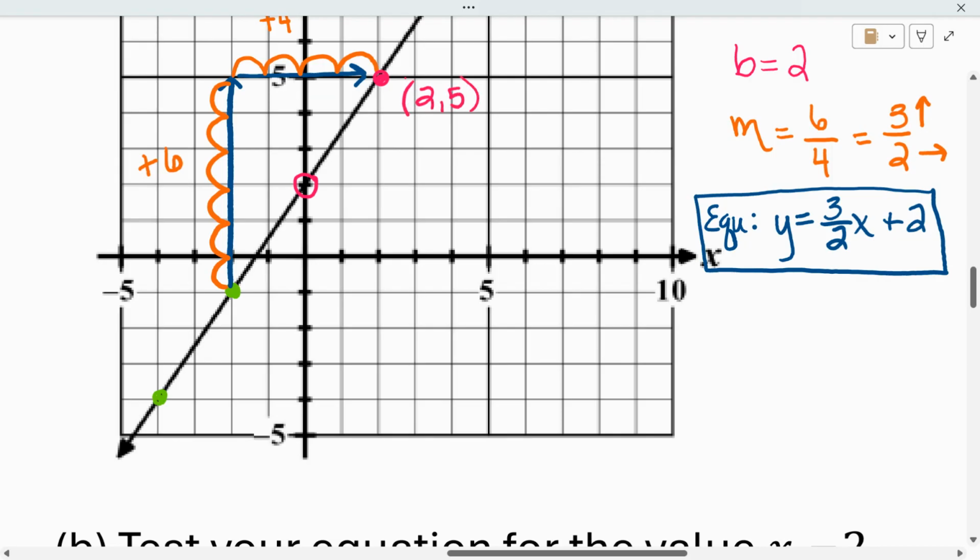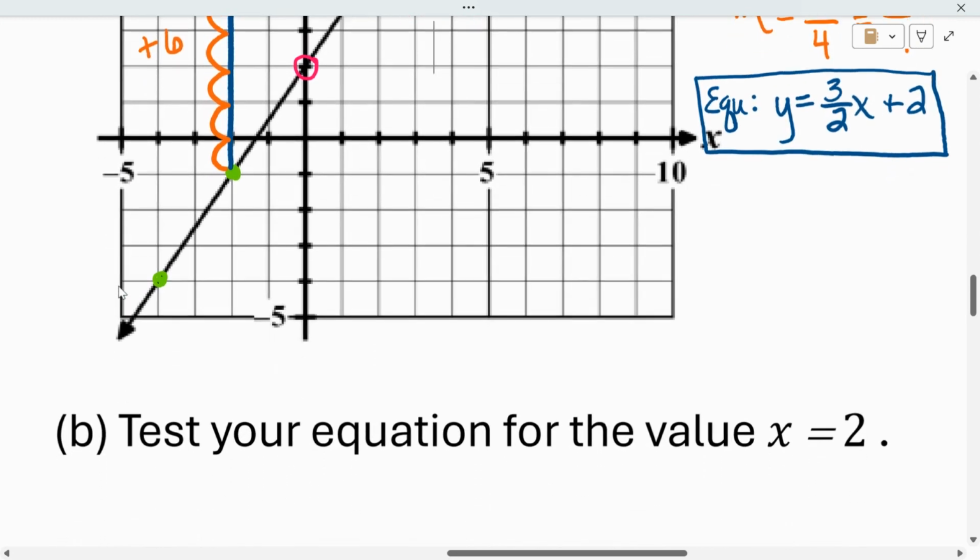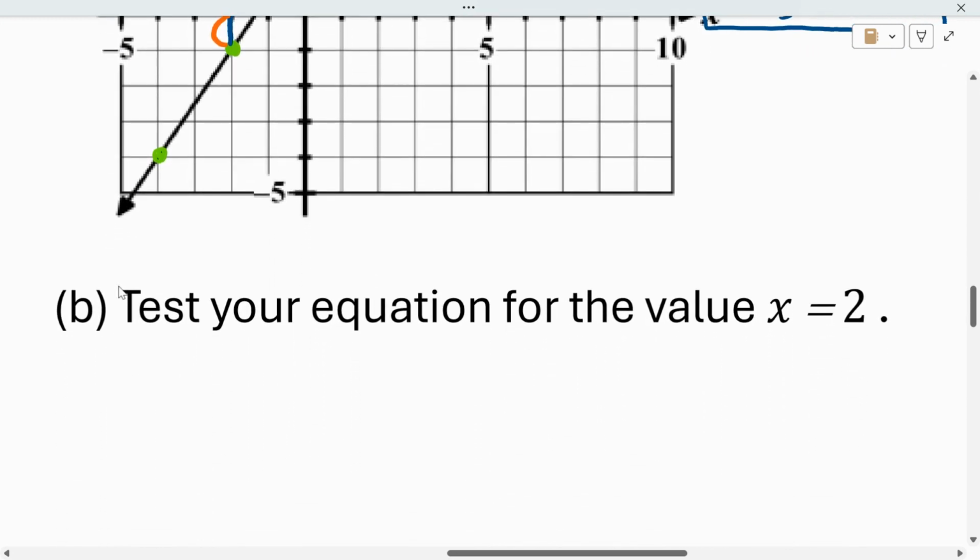So if I wrote the correct equation, when I let x equal 2, I should get a y value of 5. Let's check that. We are going to let x equal 2, and we're going to plug it into the equation. Y equals 3/2 x plus 2.